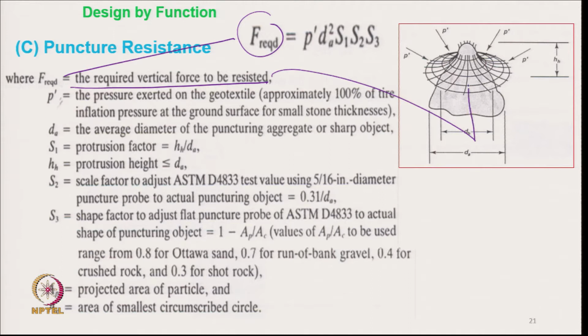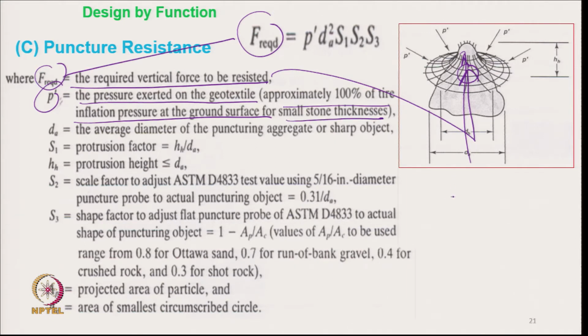F required here is the required vertical force to be resisted, that is the required puncture resistance. Whatever this vertical force by the stone or sharp object, that is the F required. P dash is the pressure exerted on the geotextiles, which is approximately equal to 100% tire inflation pressure for small stone thickness.